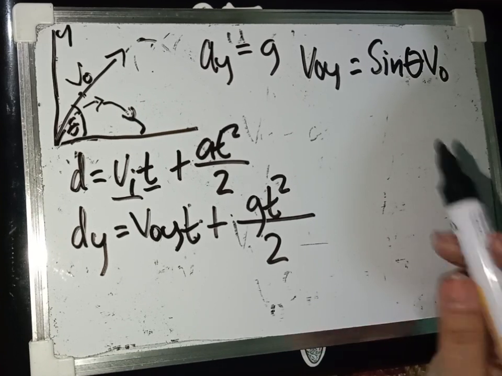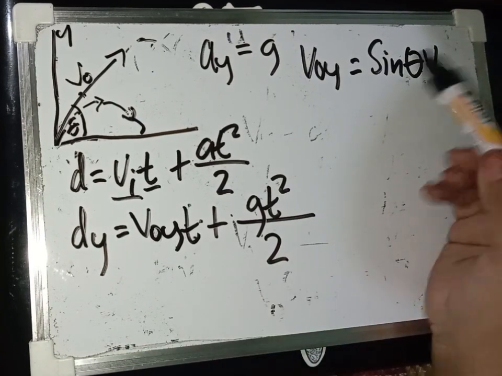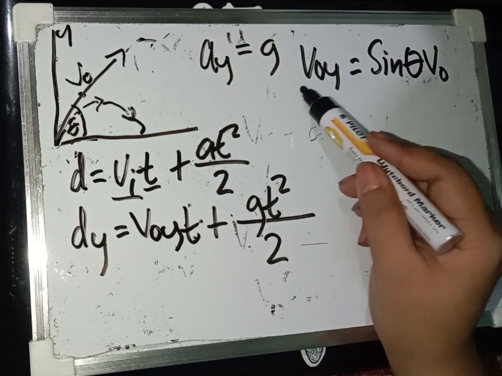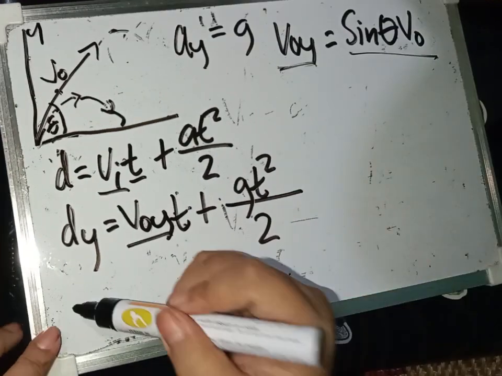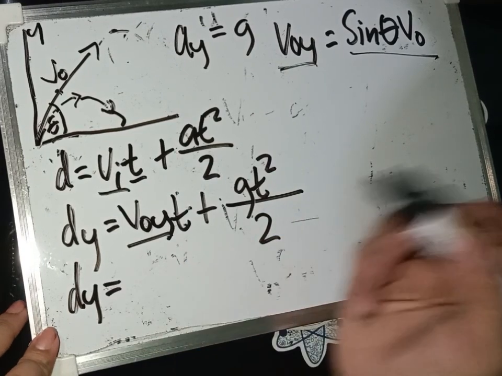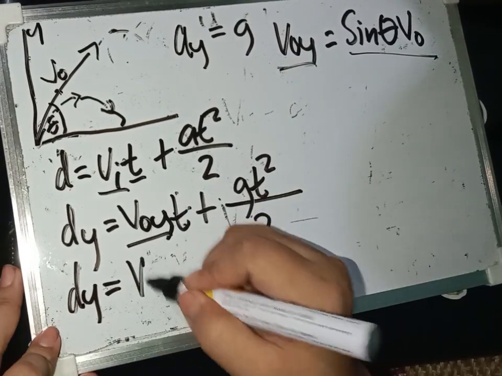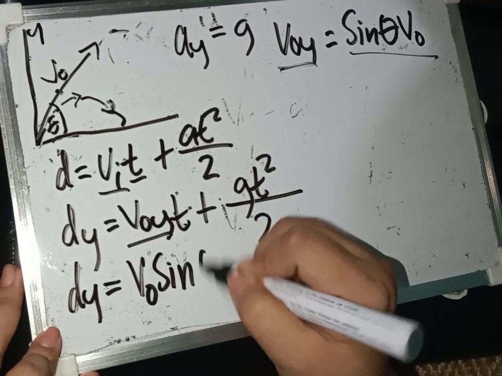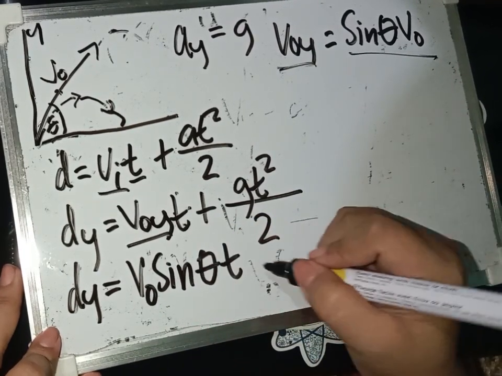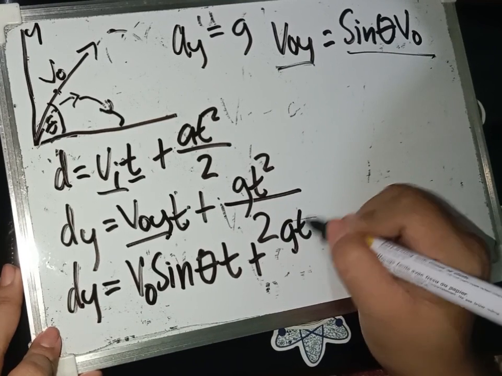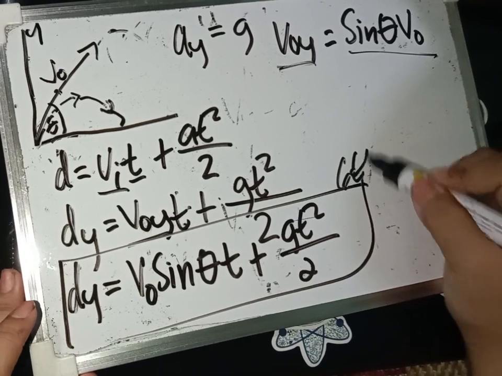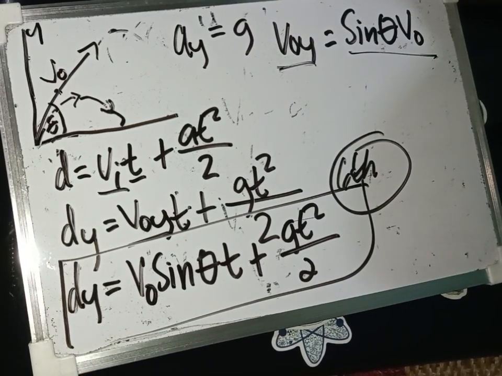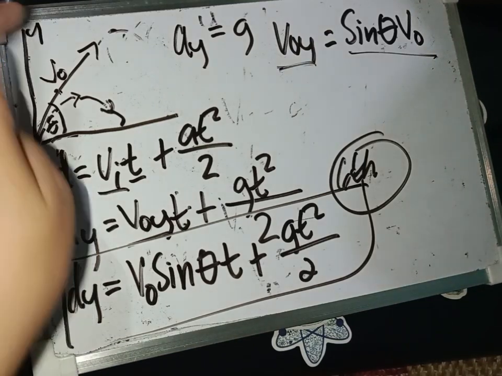So in this case, you will be substituting the value of the v naught of y with this value. So d sub y, or displacement of the y component, is equivalent to v naught multiplied by sine theta multiplied by time plus g t squared over 2. This is the sixth equation, right? So that is all for the derivation of the six basic equations of projectile motion.